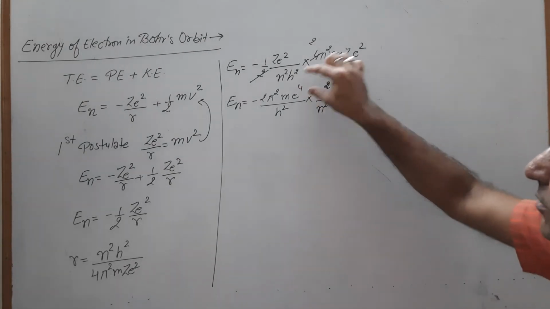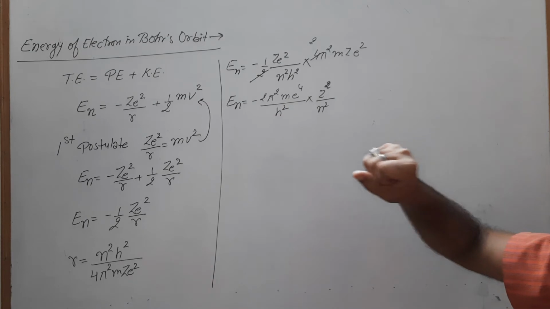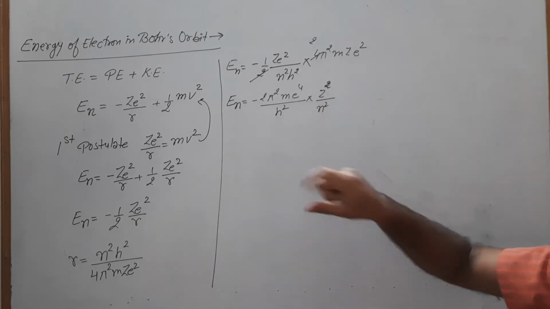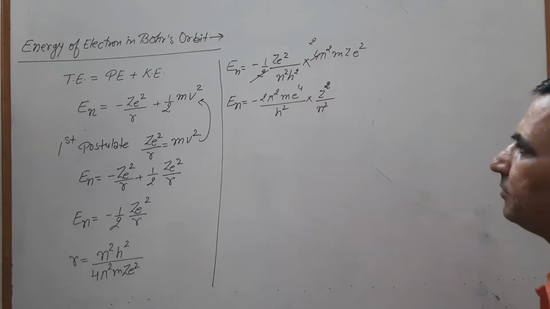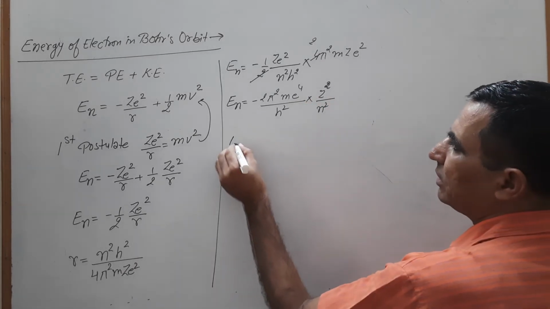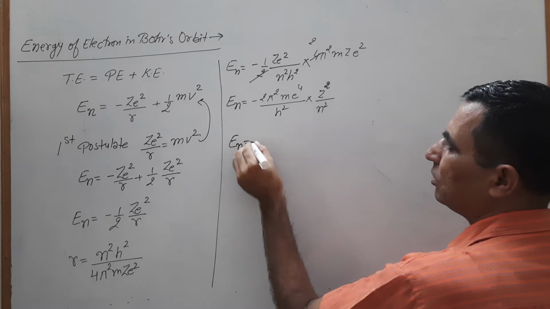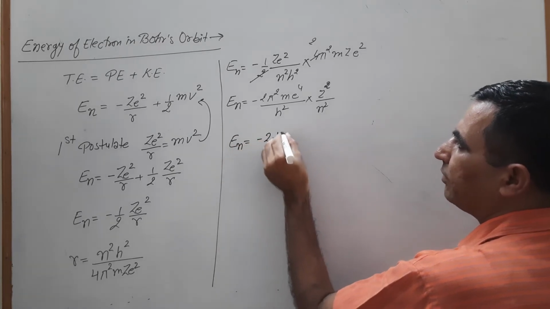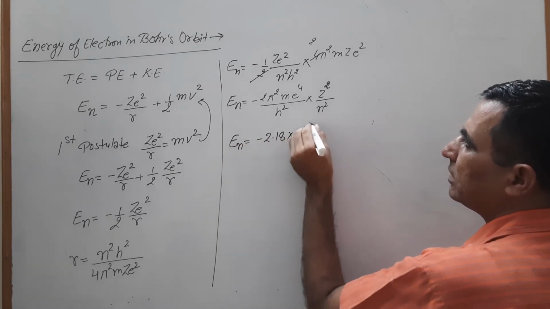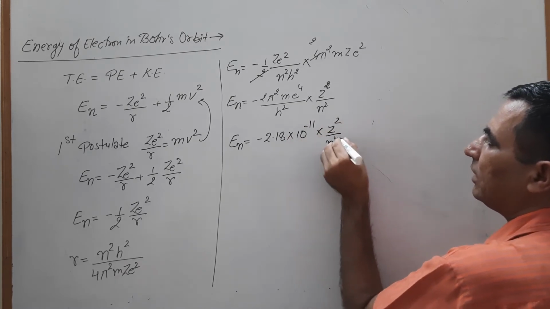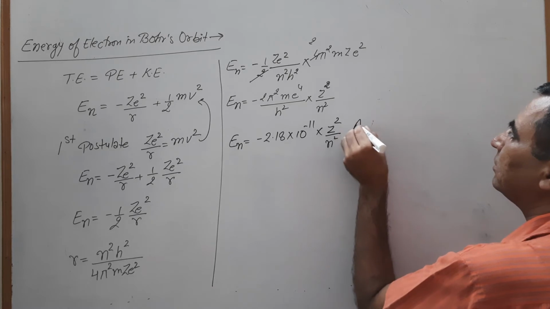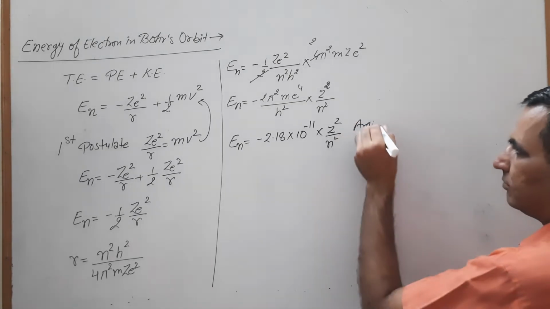When we place the values of pi, 22/7, the mass of the electron, the charge on the electron, and Planck's constant in this formula, we get En equal to minus 2.18 into 10 to the power minus 11 into z square by n square in erg.